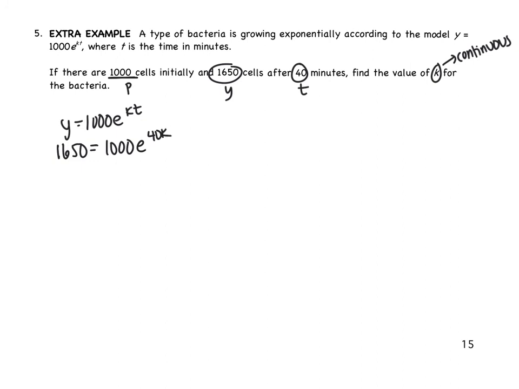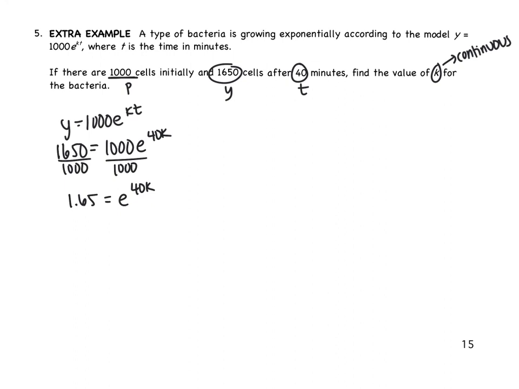So a lot of times t will be in terms of years. In this case, though, t is in terms of minutes, which is fine. Okay, so we're going to divide by 1,000. On the left side, I get 1.65 is equal to e to the 40k.